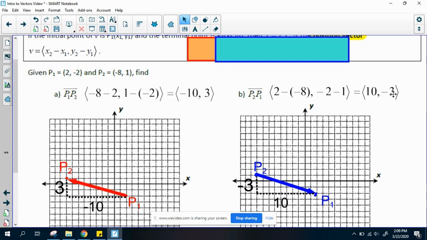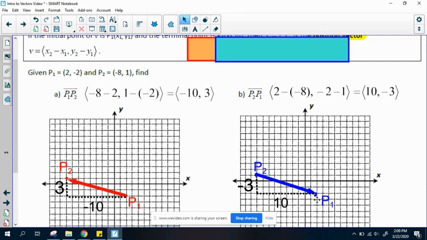What that means, and keep this in mind for future lessons, is if you have the same vector, but exactly the opposite for everything, that means your arrow is just pointing in the other direction of what the other person has. So this is a +10, meaning if I was at P2, I would count over 10, and I would count down 3 in the vertical direction.